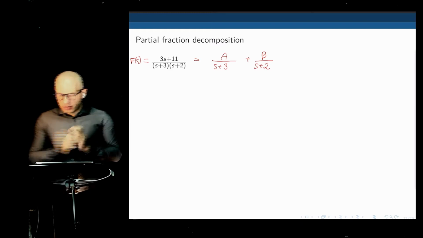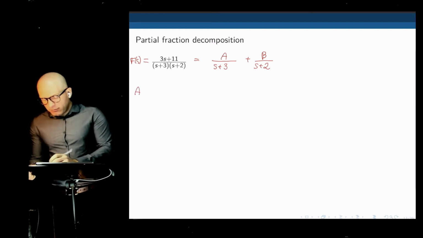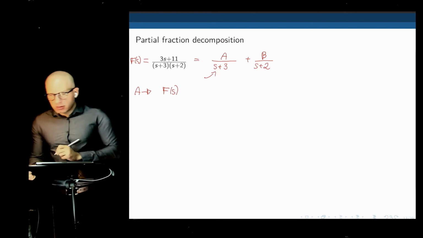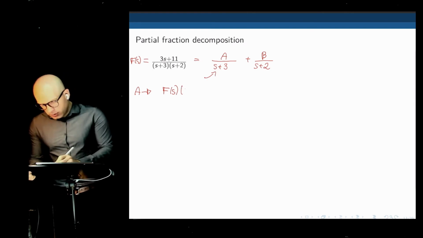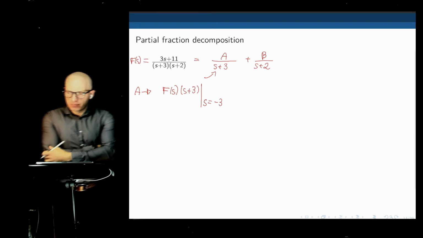Okay, let me slow down a bit. Let's say how we find A. A would be found by taking f of s, multiplying that by the denominator s plus 3, and then evaluating that at the value that makes that denominator 0, which in this case is -3.